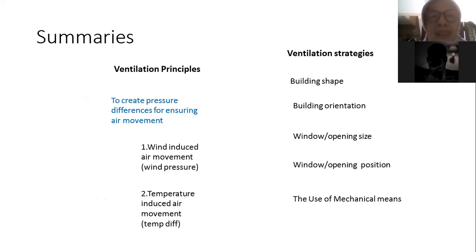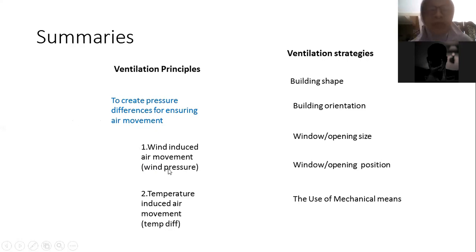So now we can come to the summaries. The ventilation principle is the first thing we have to remember: to create pressure difference for ensuring air movement. The first principle is wind-induced air movement.